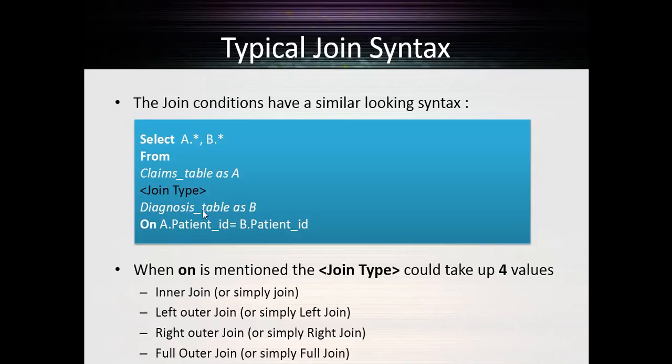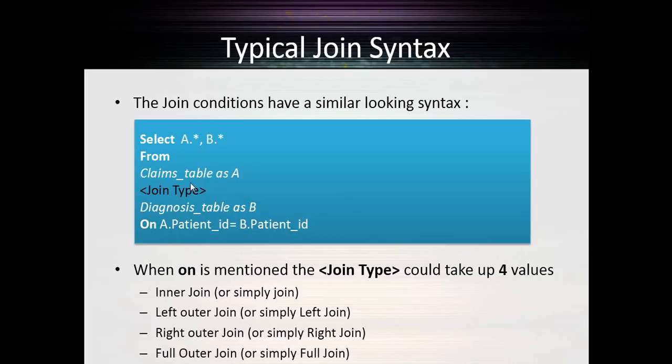Now this is a very important requirement because the variables that I'm using in the on statement have to be present in the respective tables, either by the same name or even by different names.